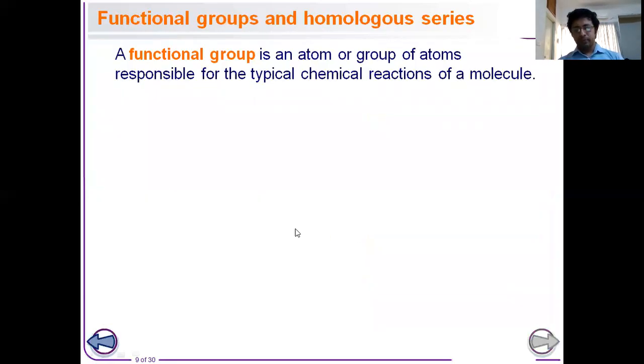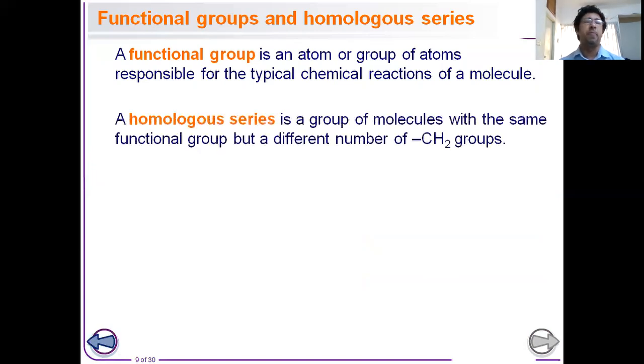Functional group. A functional group is a very important group in organic compounds because the functional group will determine the chemical properties of the organic compounds. That means chemical properties include chemical reactions especially. Homologous series, we are familiar with this term, we learned it in O levels. If several compounds can be expressed with the same general formula, then those groups of compounds are called a homologous series.